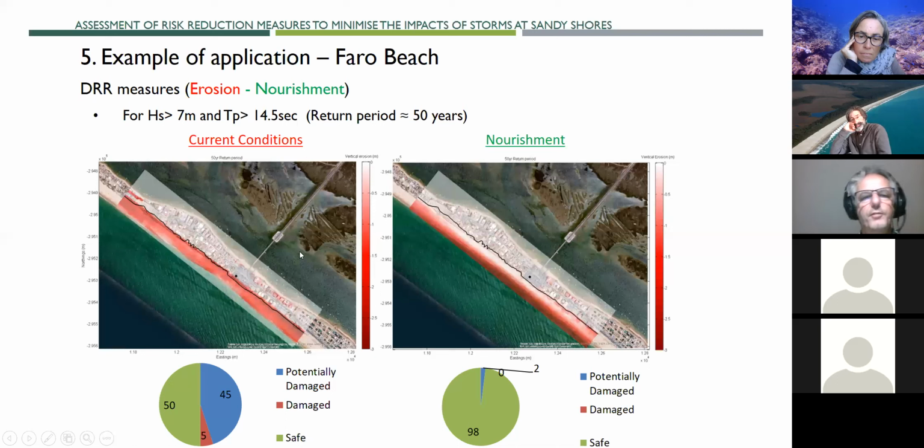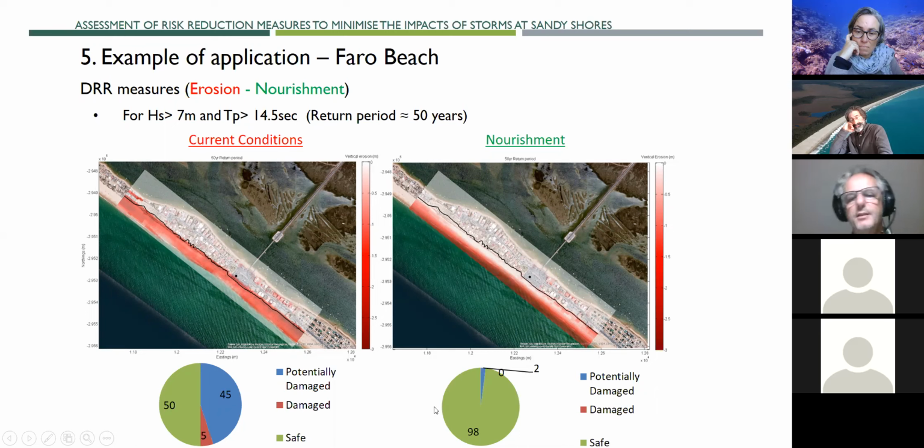So we have here for this storm, 50% of the houses would be safe, 5% of the houses would be damaged according to our expectations, or to these assumptions used, and 45% would be potentially damaged. If we include the nourishment, obviously you can see that most of the strong erosion displaces toward the sea, and only 2% of the houses would be potentially damaged.